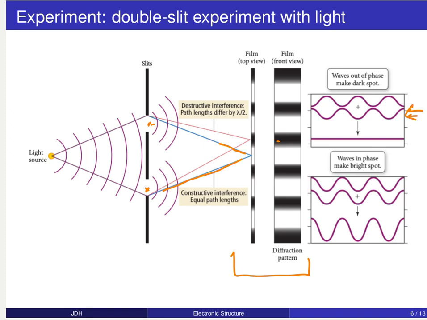And you can do some calculations, depending on the separation distance between these two slits and the wavelength of the light, you can actually predict where you're going to see these regions of destructive, constructive, destructive, constructive, destructive, and so on and so forth, interference showing up.